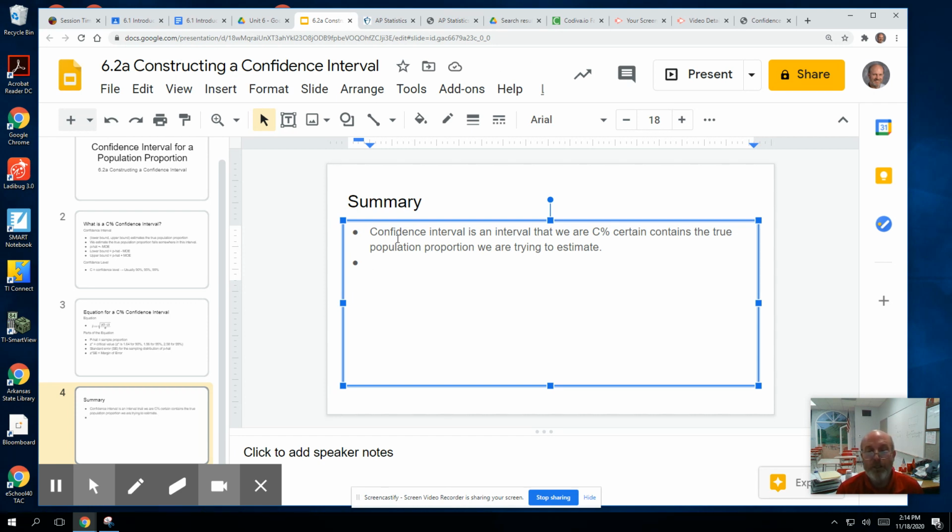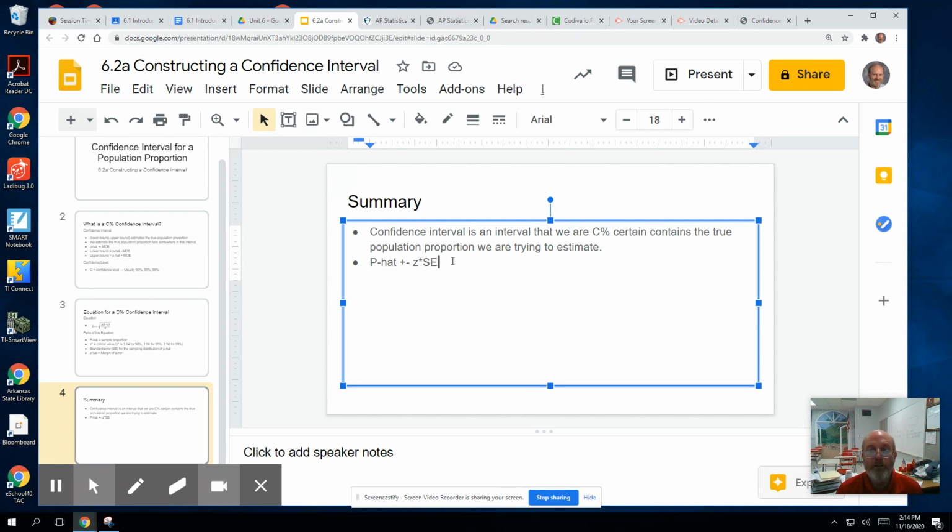The confidence interval is made up of p hat plus or minus z times the standard error. And we saw the equation just a moment ago, what that all looks like when we put the symbols in there.